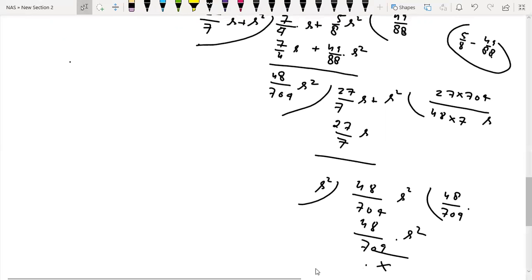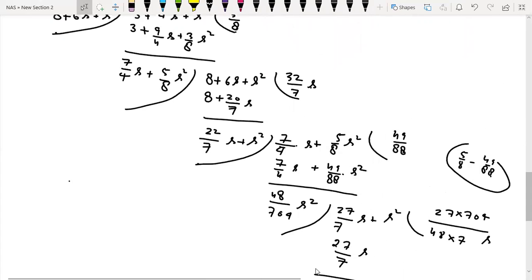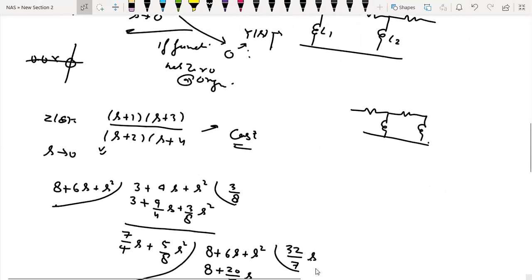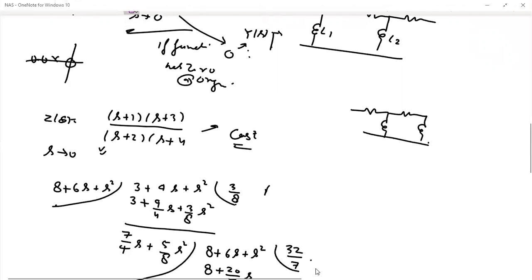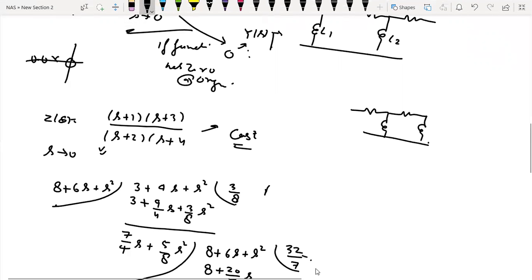Now, because we have drawn the form for the ZS, we simply take the values one by one. The value of the function is this, which is R. Now remember this is 32 by 7.